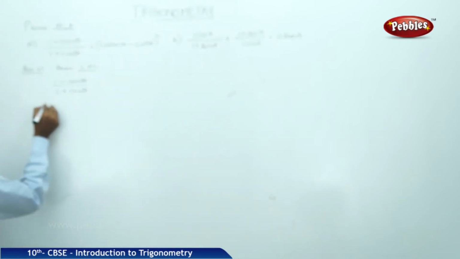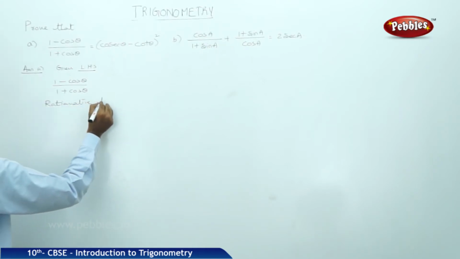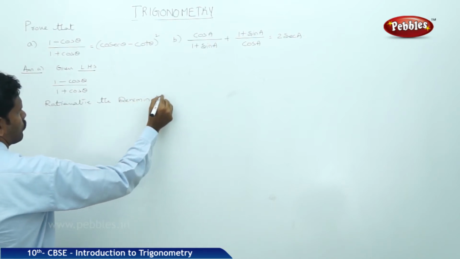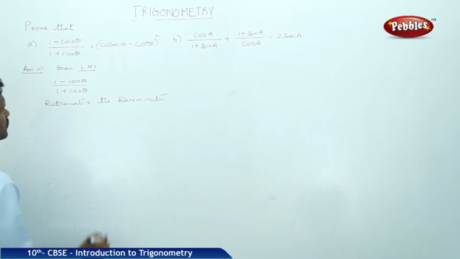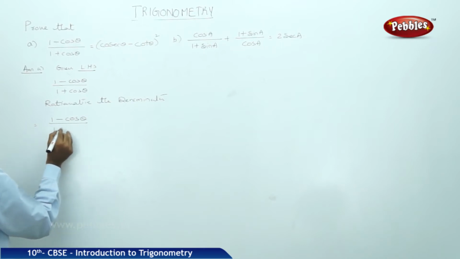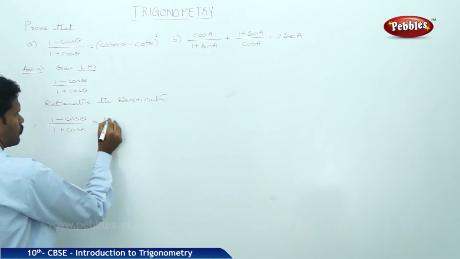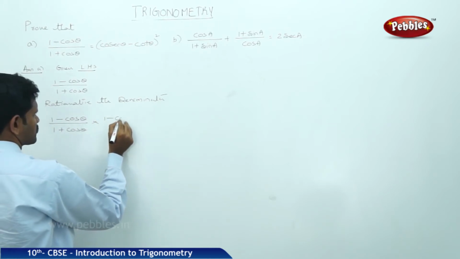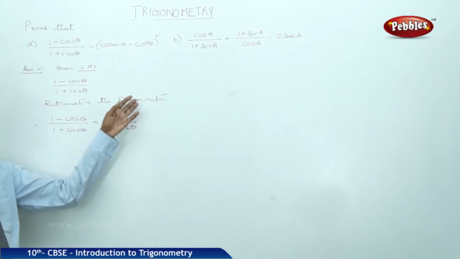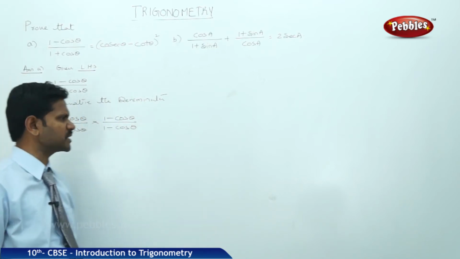Now rationalize the denominator, that is 1 minus cos theta by 1 plus cos theta into 1 minus cos theta by 1 minus cos theta. In the denominator plus sign is there, therefore in the rationalization part minus symbol will be there.